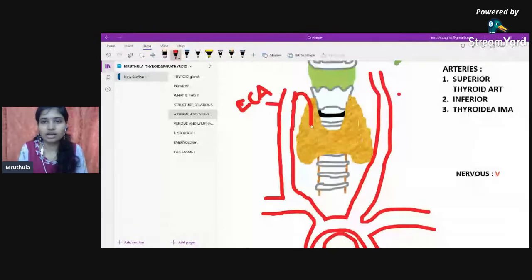Hope you remember what I said before: when we talked about the anterior border of the thyroid gland, I said the anterior border is well appreciated with the help of this artery, the anterior branch of the superior thyroid artery. The anterior branch comes anteriorly.